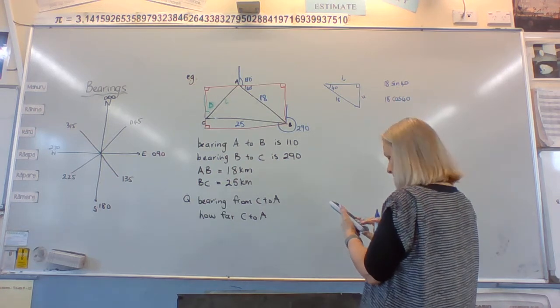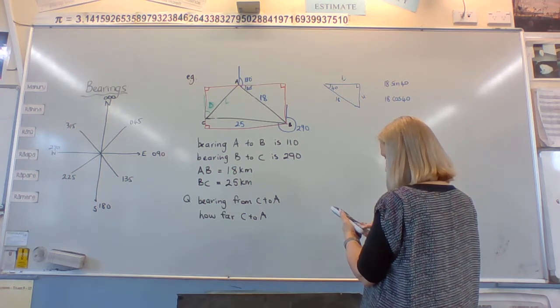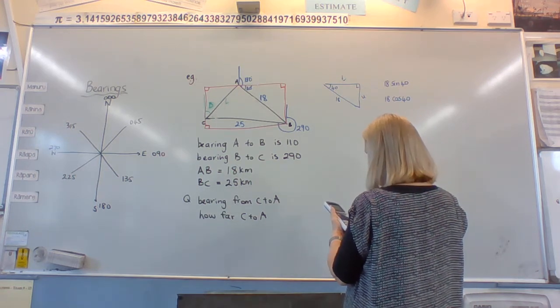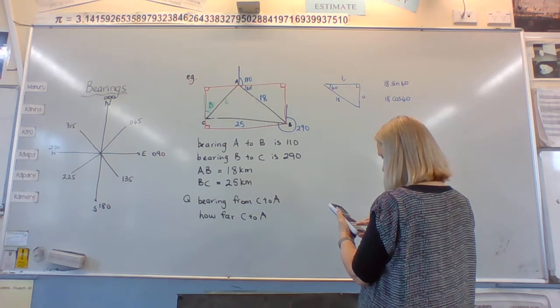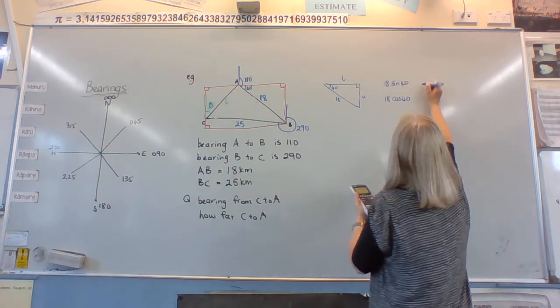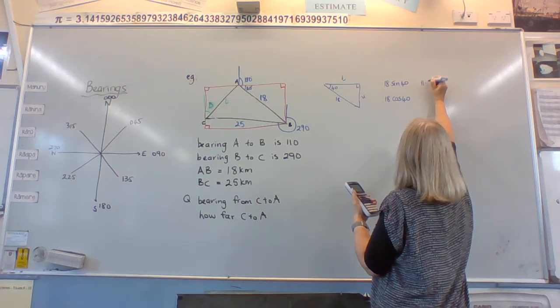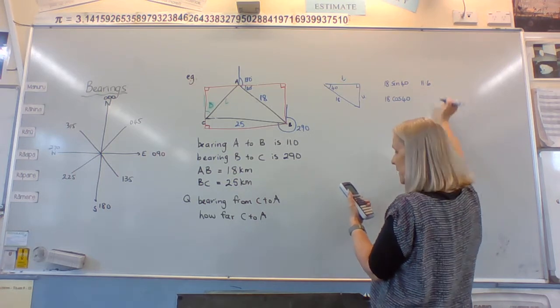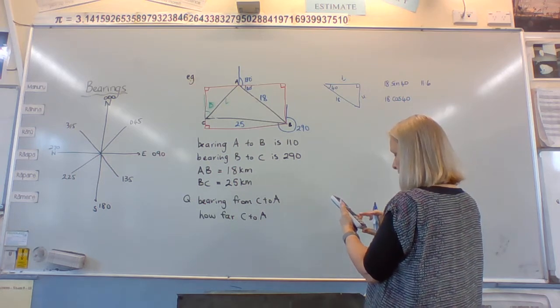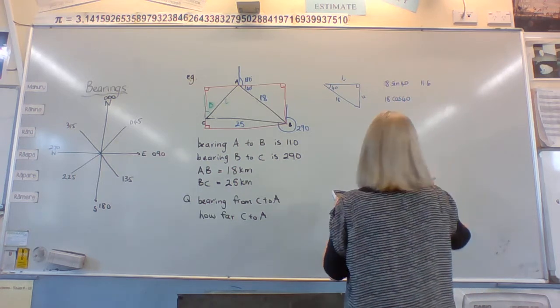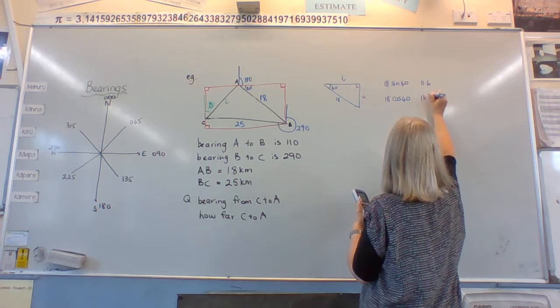I put those into my calculator. I get 11.57. I'm going to do this to one decimal place because we're talking kilometres here. 18 cos 40 is 13.78, so 13.8.